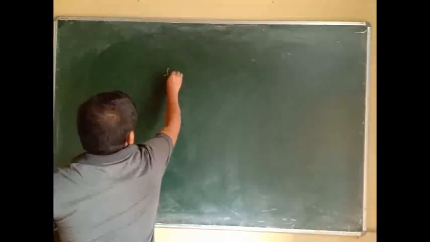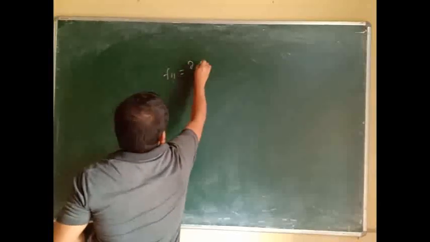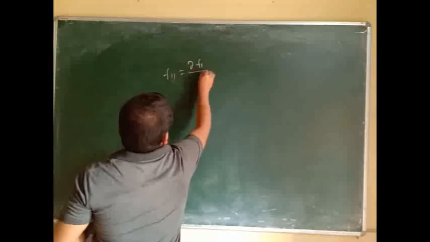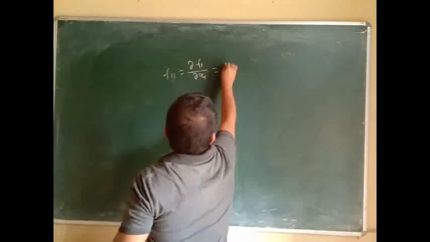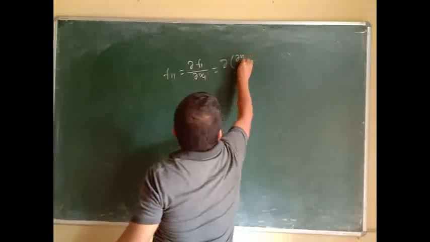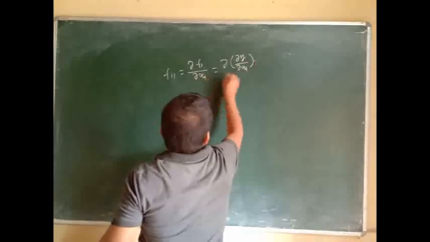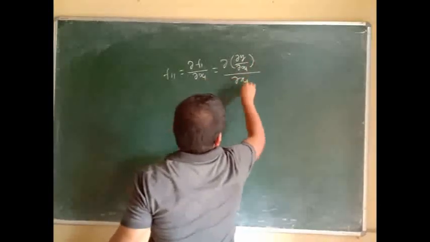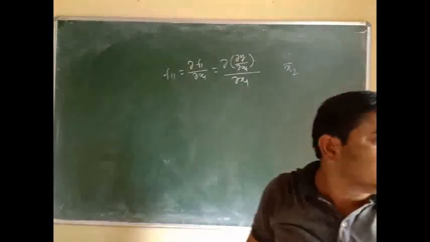So f11 we can write as del f1 by del x1, where del f1 means del y by del x1, and it will be differentiated with respect to x1, assuming x2 as our constant.